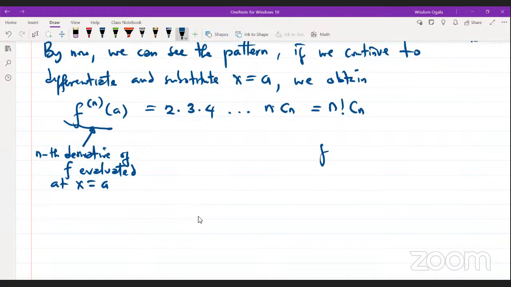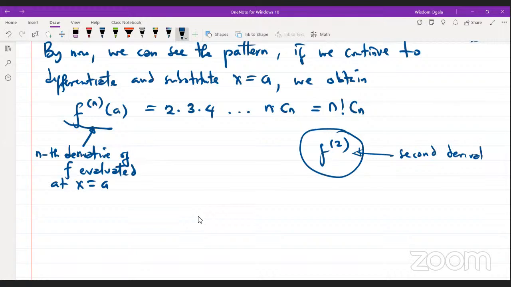If my n is 2, remember, if you have 2 here, this just means second derivative, okay? If my n is 3, it tells me third derivative. If n is 4, fourth derivative. Okay, so keep that in mind.